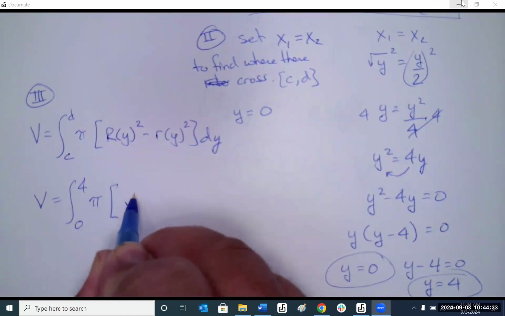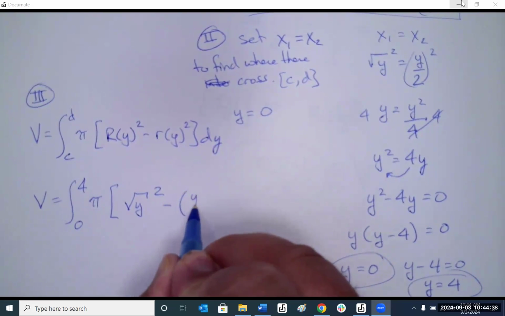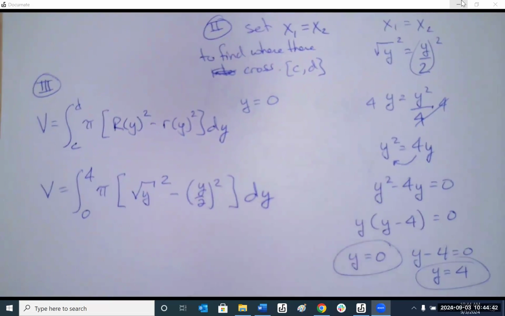So we have the integral of the square root of y squared minus y over 2 squared dy.